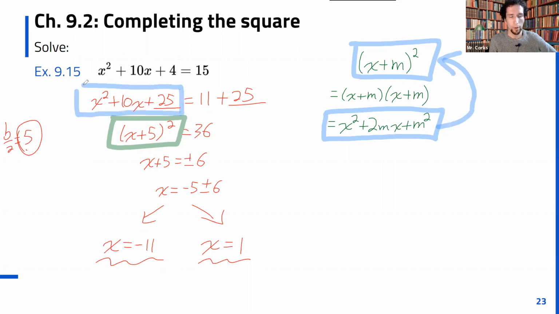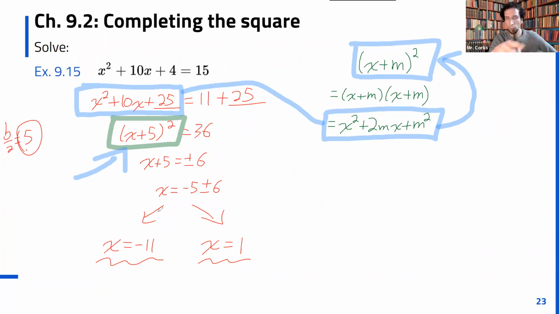We added 25 here so that this is the same as this bottom part. And then we realize, oh, it's this special type with the 2m and the m squared. So we can go back up to the binomial, the x plus m squared. And that was this thing here. So it's easier to think about when we go in the opposite direction.